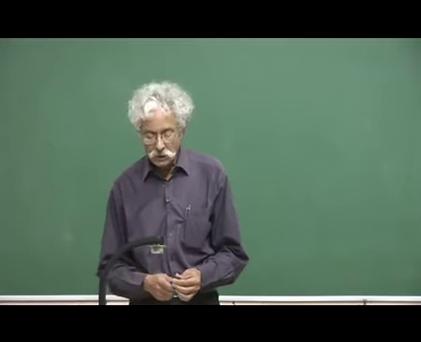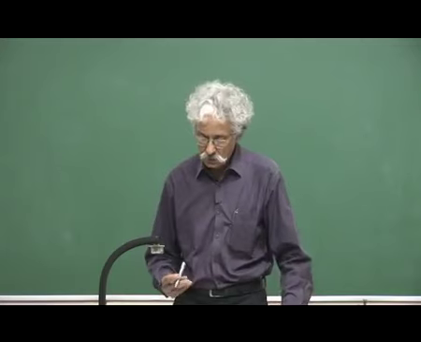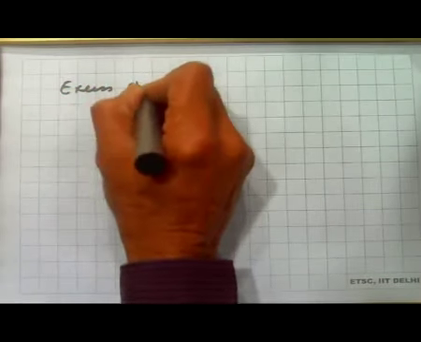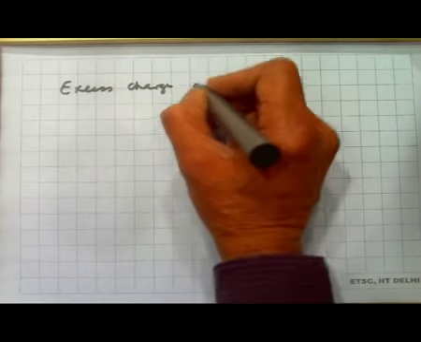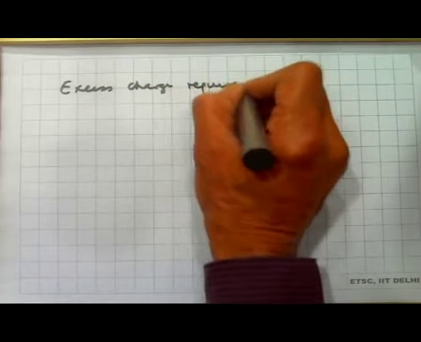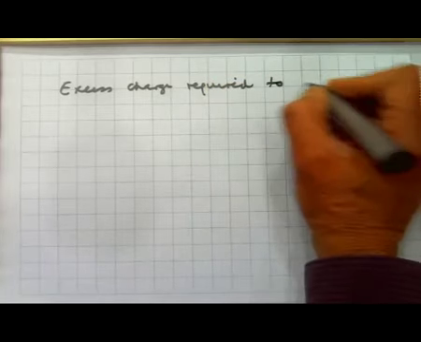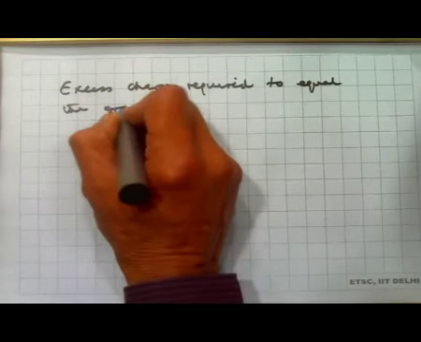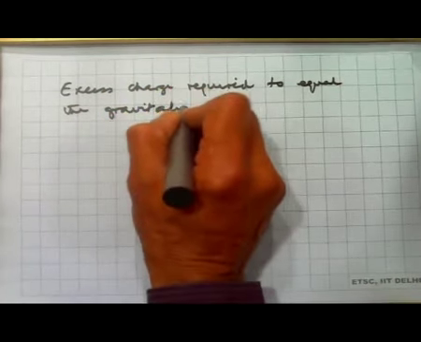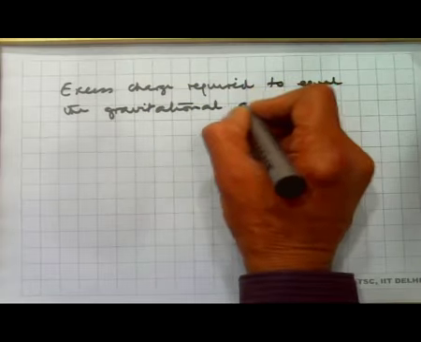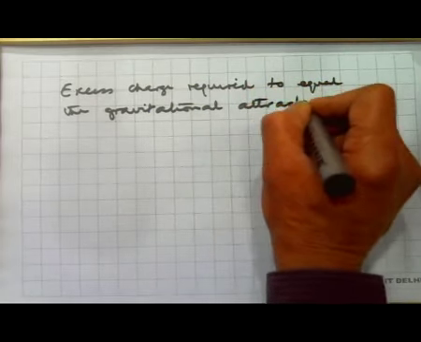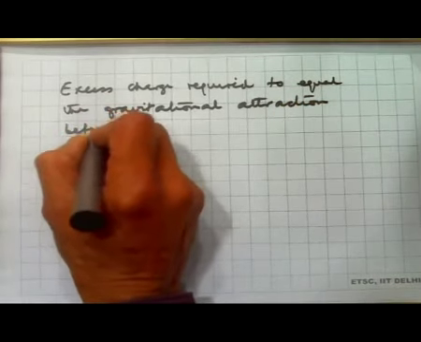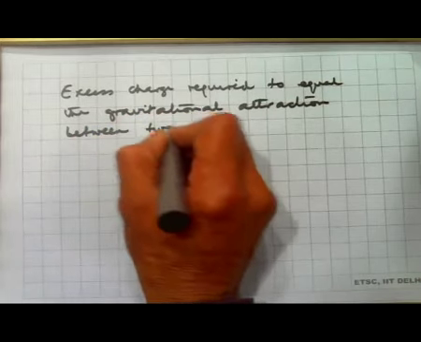Now, as another very interesting example, let me try to calculate the excess charge required to equal the gravitational attraction between two masses.